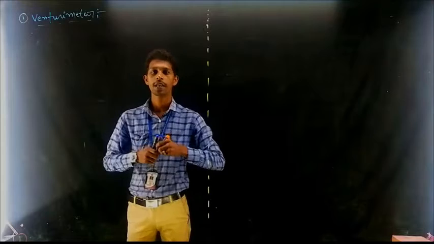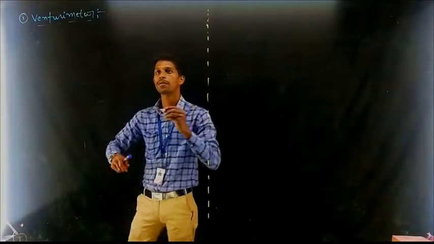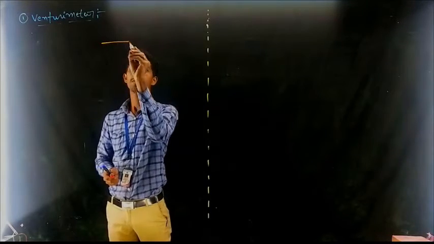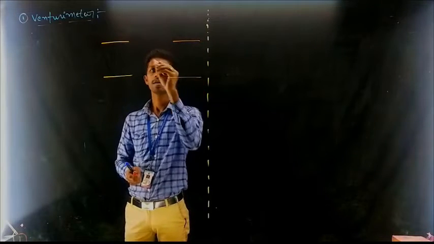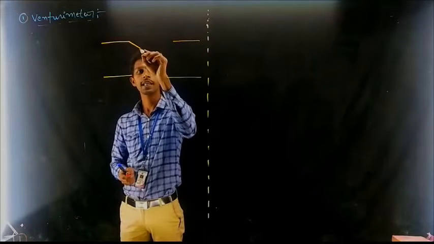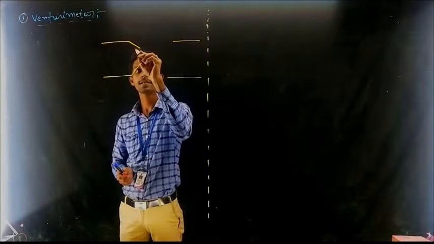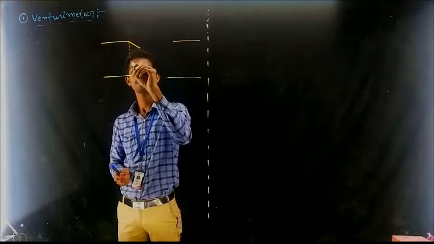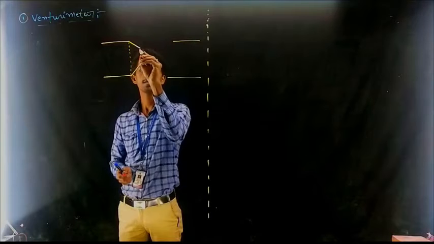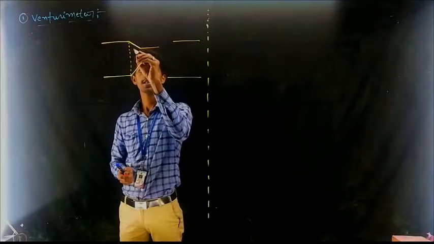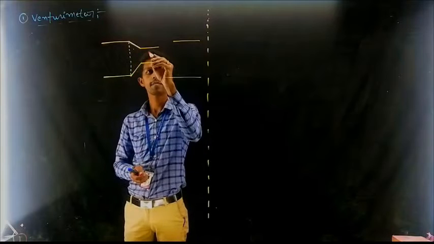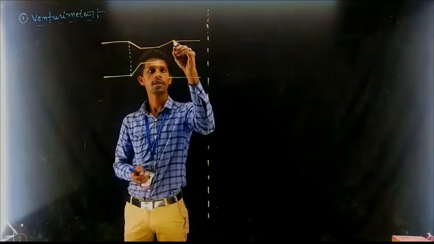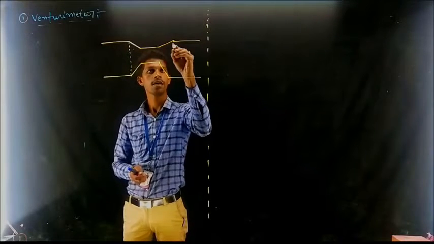A Venturi meter contains three parts. This is a pipe section. The Venturi meter contains a converging part like this, called the inlet, a throat in the middle, and a diverging part at the other end.